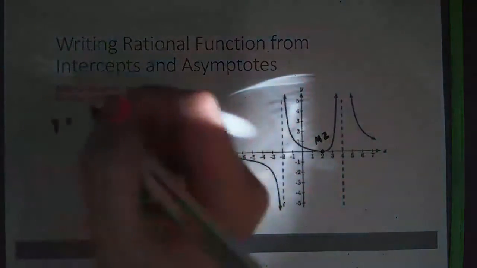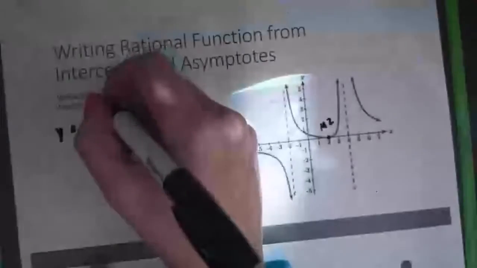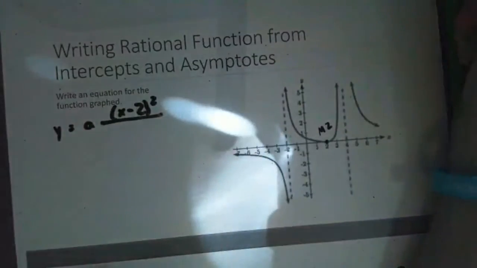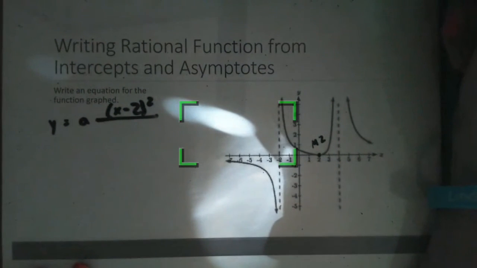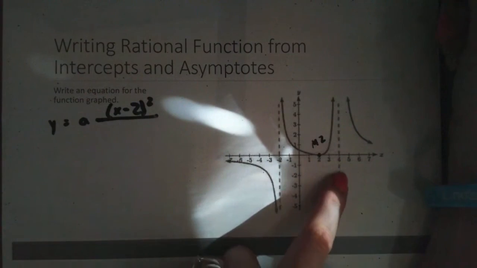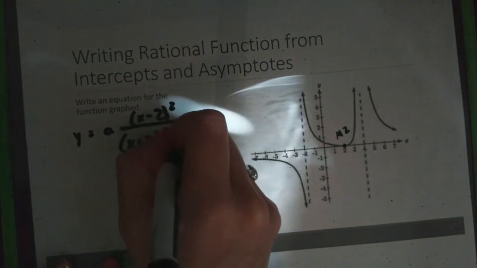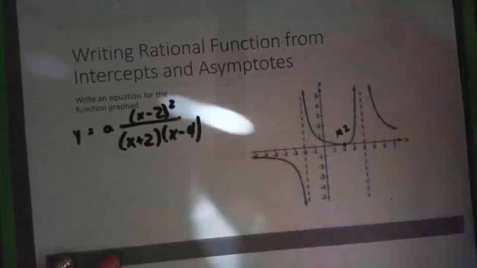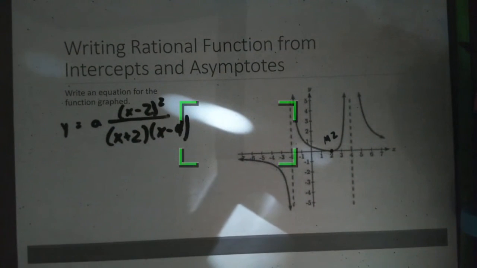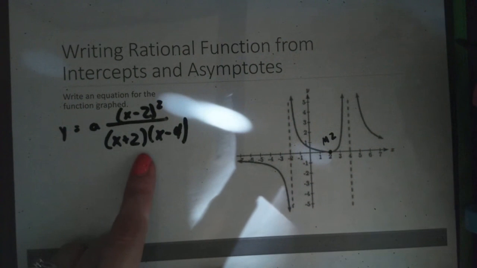So we'll have y equals a times a fraction. In our numerator, we'll have x minus 2, but since it has a multiplicity of 2, we'll square it. For our vertical asymptotes, we have one at negative 2 and one at 4. So we'll have x plus 2 and x minus 4 in our denominator. What we have to be careful of is the multiplicities on these factors in the denominator.